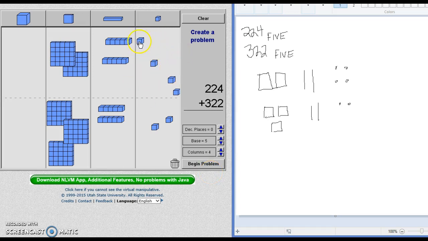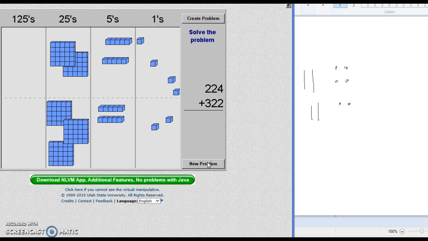All right, so when I do this problem, I need to do the same thing as last time, but I'm in base 5. So my exchange rate has changed so that I am going to gather 5 babies, make a long out of that, and move it to my longs. So my longs are 5s now, not 10s, they're 5s.